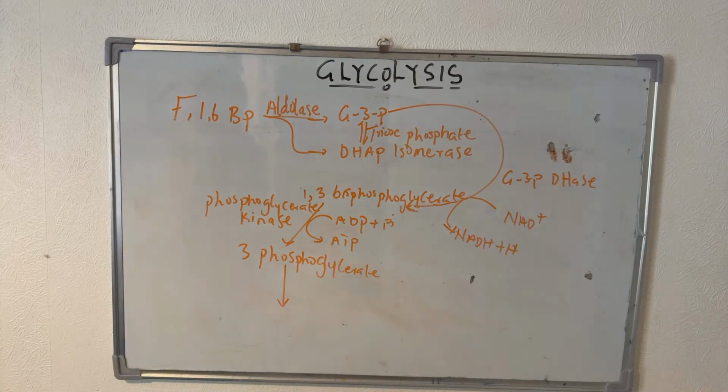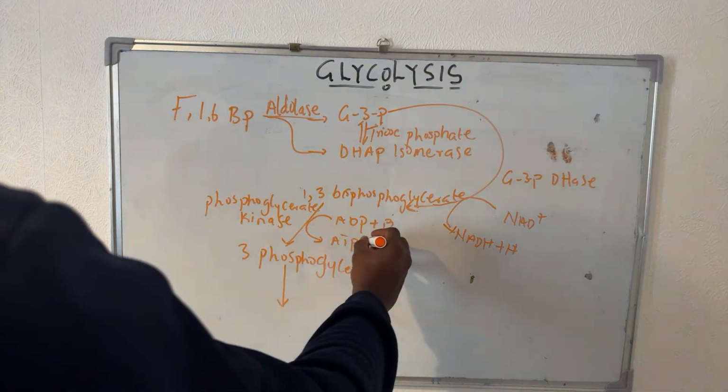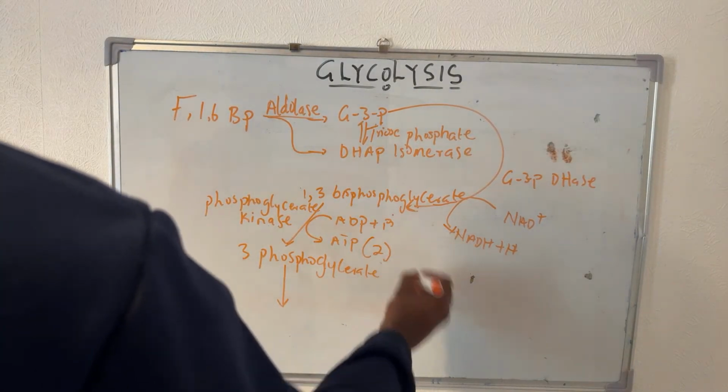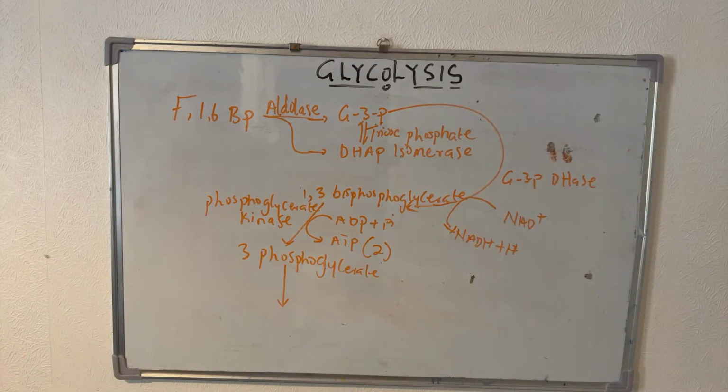3-phosphoglycerate will now be converted to 2-phosphoglycerate. It's an isomerization reaction. And let me also say that here 2 ATP is produced. Okay, it's important that I make that clear.